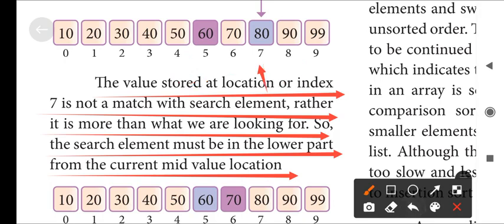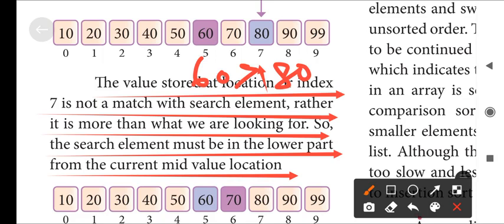Again we check: 60 greater than 80? The greater than symbol means the left side should be rejected. Less than symbol means the search element is less than the mid element, so skip the right side values. Here the condition is false.